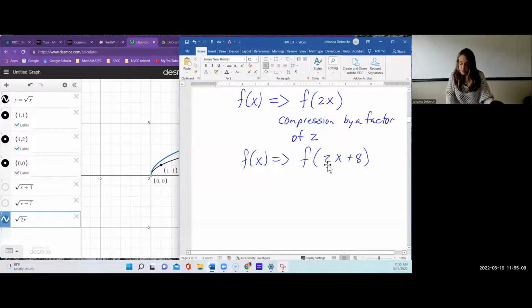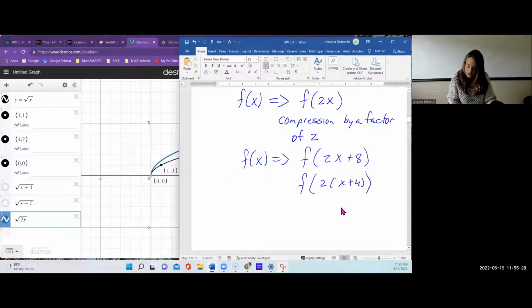It is going to be a compression by a factor of 2, but the 2 is affecting this number right here. We have to factor the 2 out of the 2 terms on the inside of the parentheses before we know how far left or right it's moved. This is going to give me instead a 2 times x plus 4. So this is going to be a horizontal compression by a factor of 2 relating to the 2 that we see here.